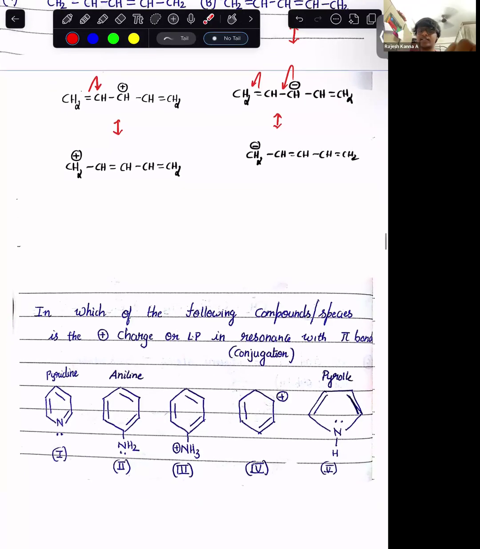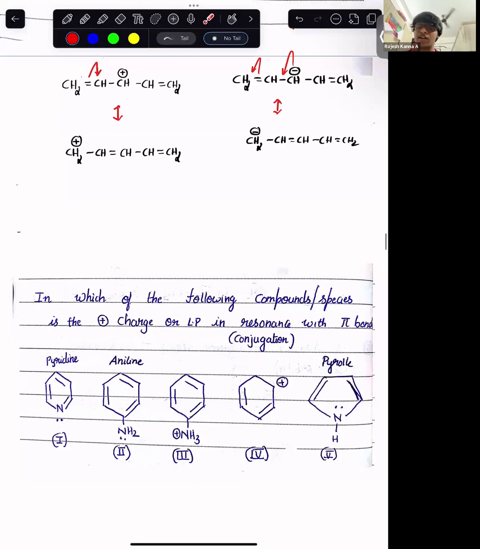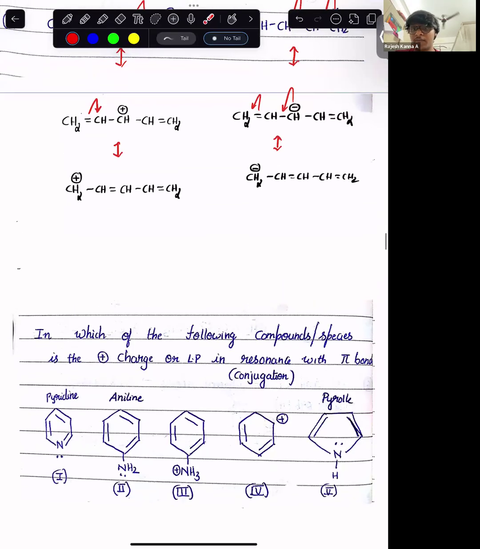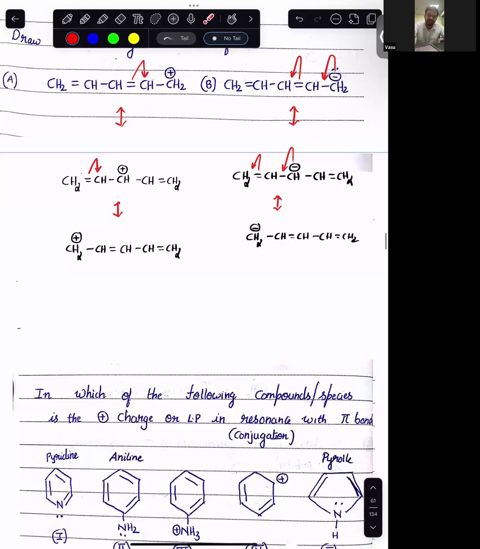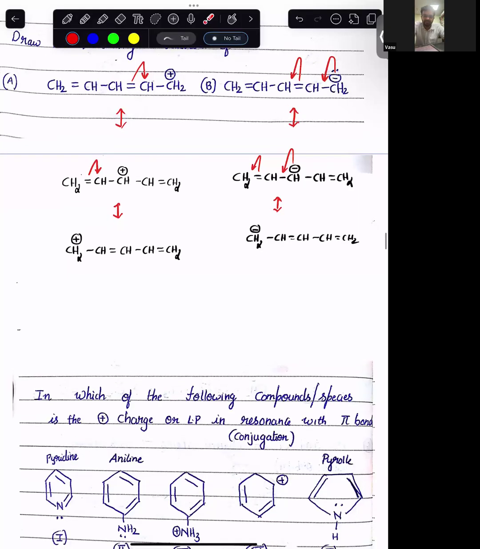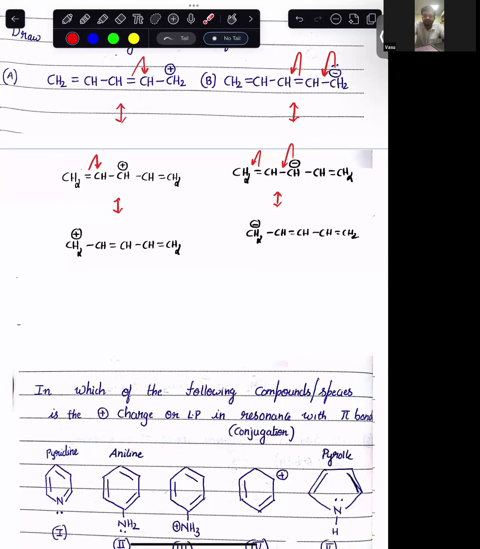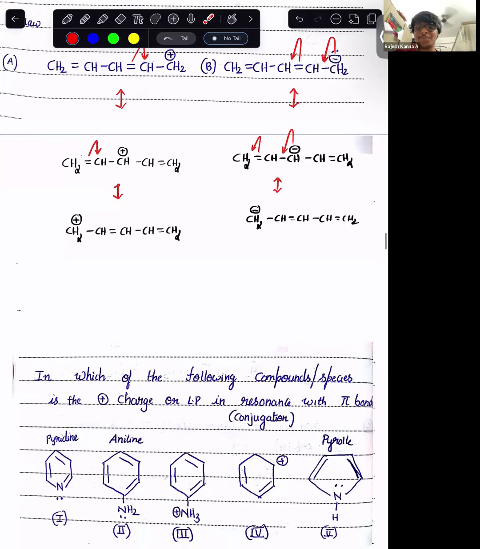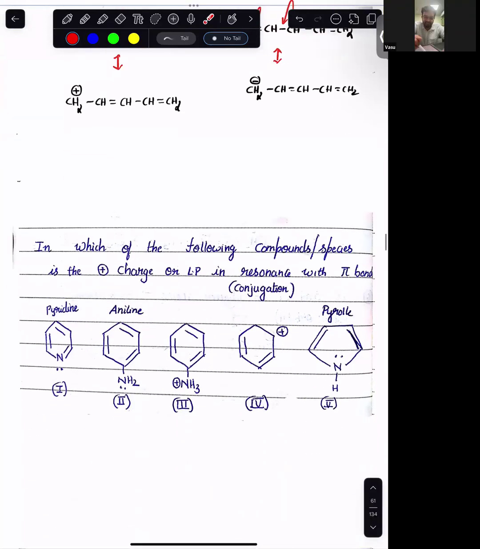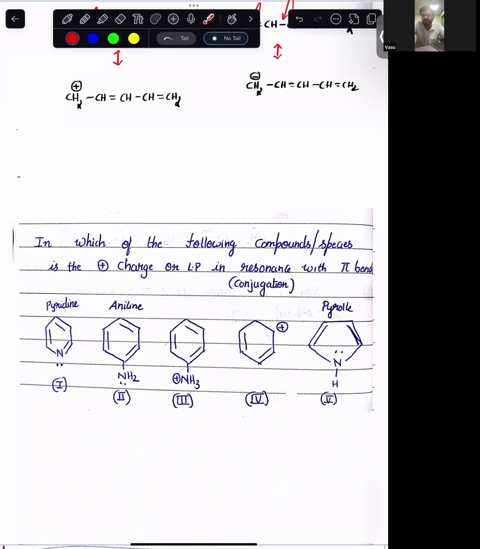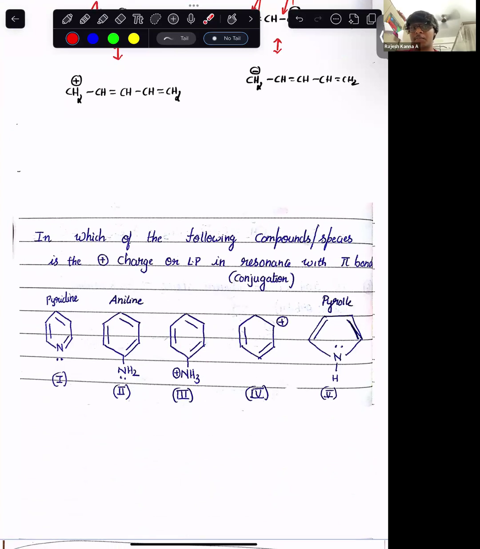Sir, let's say from C1 to C2, I can't form a bond between C1 and C2. Which example are you talking about? Specifically the third example, sir. This one. I can't have N and C bond formation.